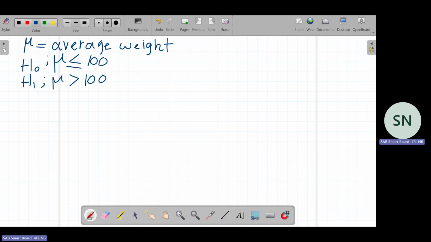It's clear. Then after that, we need to identify the type of test: one tail test or two tail test? Tell me. Here the claim is greater than 100. Then is it one tail or two tail?